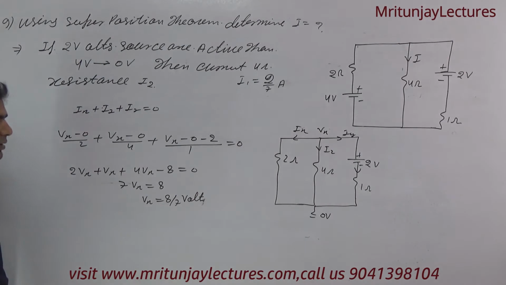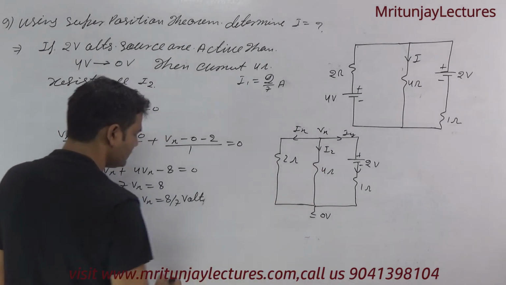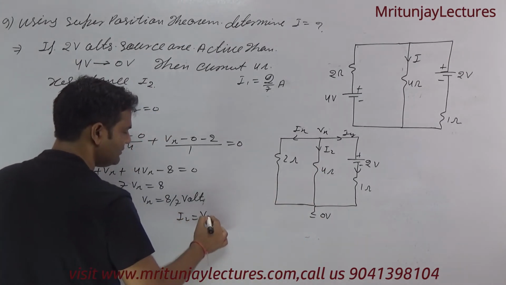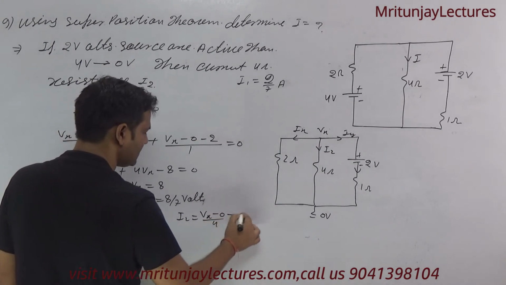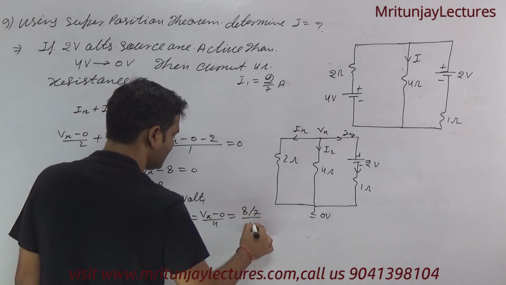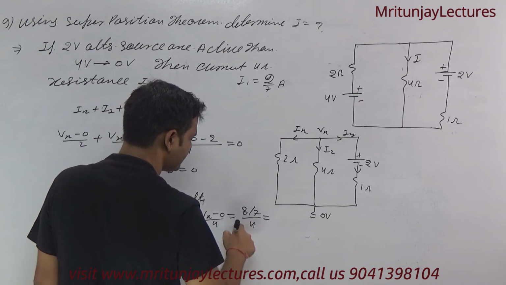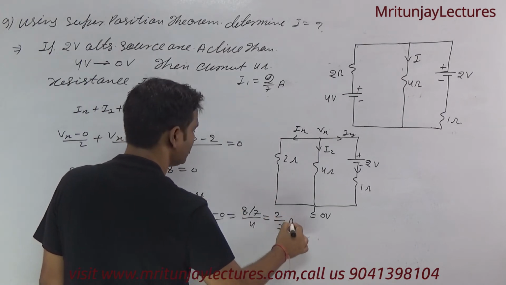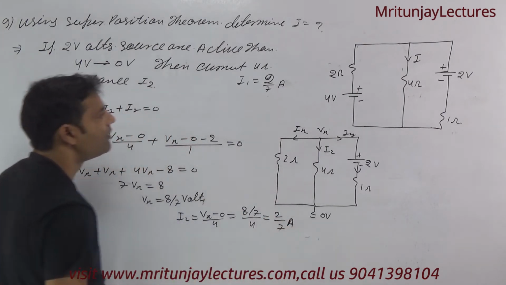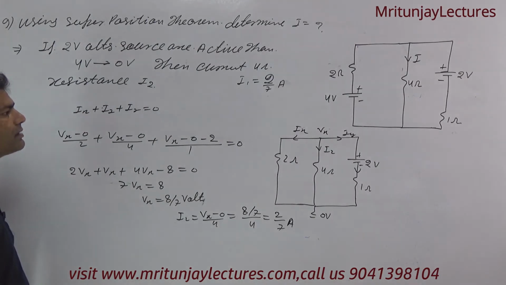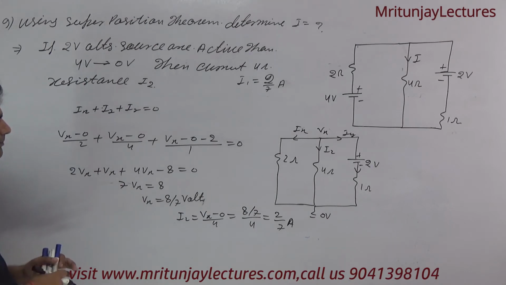Now our motto is I2. I2 is Vx minus 0 divided by 4, that is 8 by 7 divided by 4. We got 2 by 7 ampere. Is it clear or not?